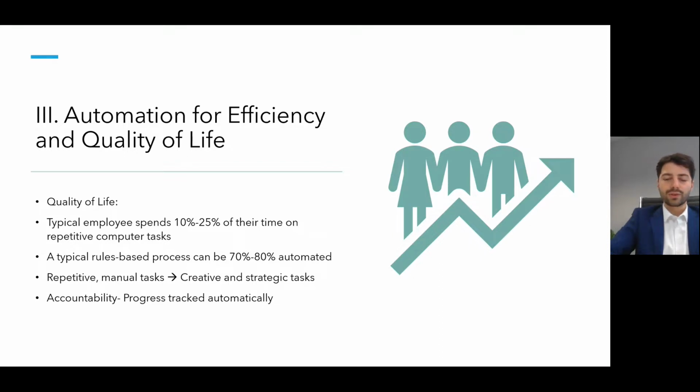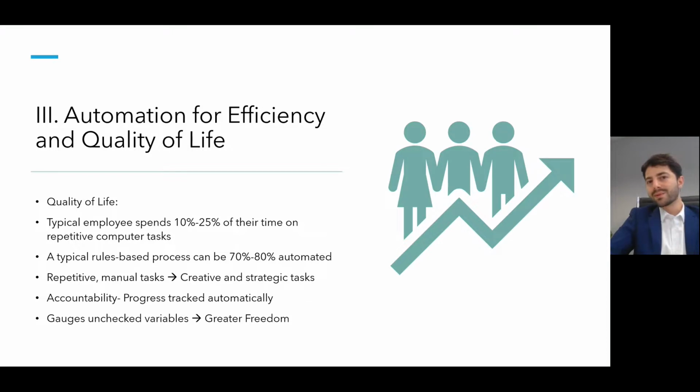So say that you have an employee who's doing really well, having automated processes will allow you to see that and therefore give them the praise that they deserve. It makes sense. And that will keep them motivated in the long run. So yeah, gauging those unchecked variables gives you greater freedom in terms of where to distribute your resources to keep people happy, keep people motivated, and keep the ship afloat, basically.